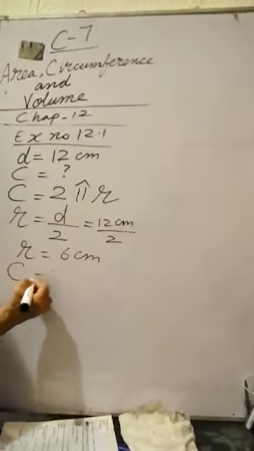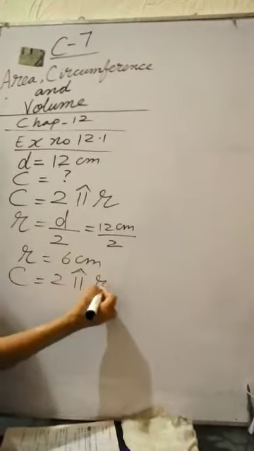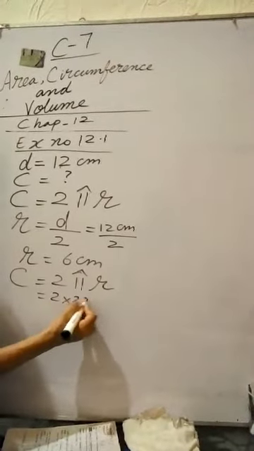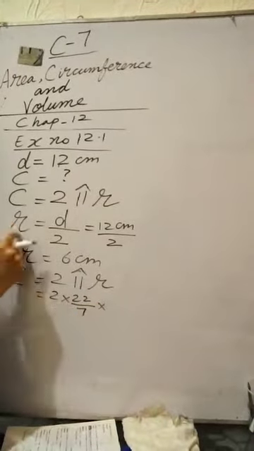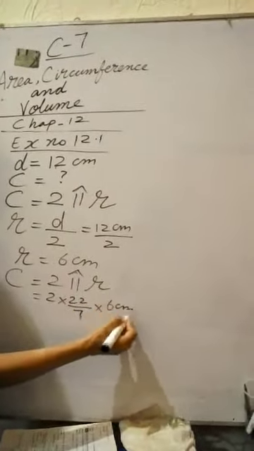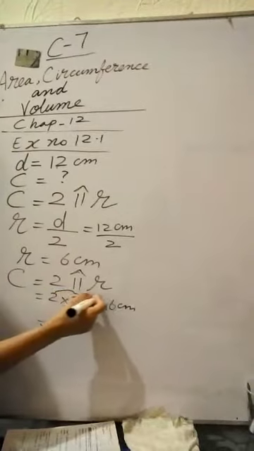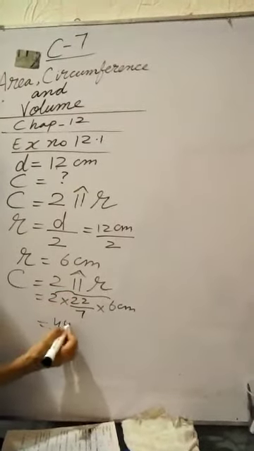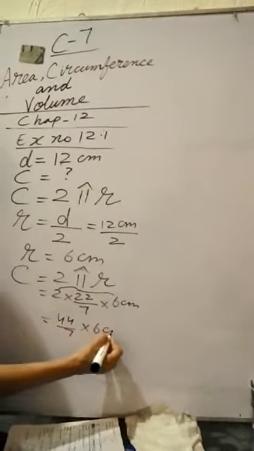Now put in the formula 2 pi r. 2 multiplied by the pi value 22/7, and now the r value is 6 centimeter. Multiply all the numerators: 2 multiplied by 22 is 44/7, multiplied by 6 centimeter.